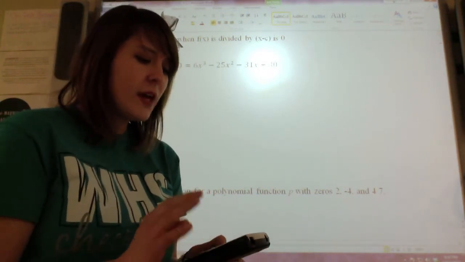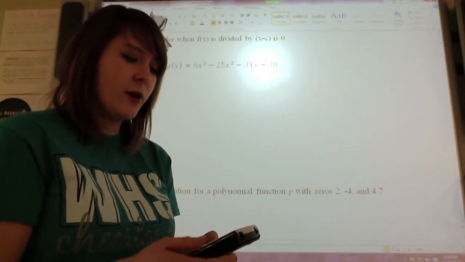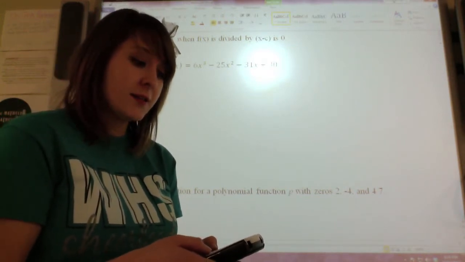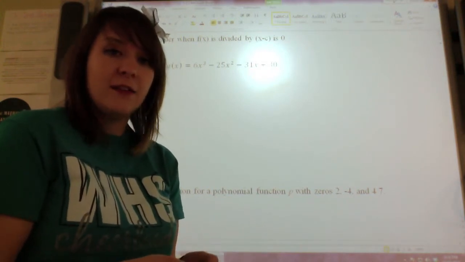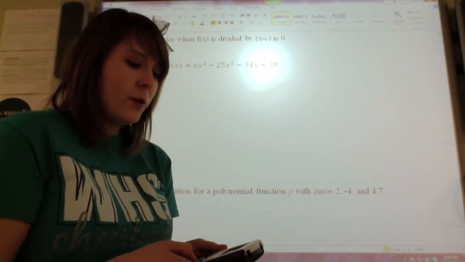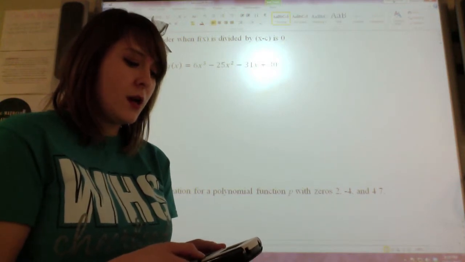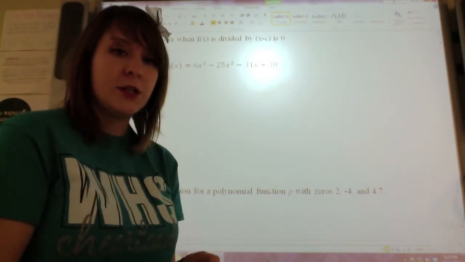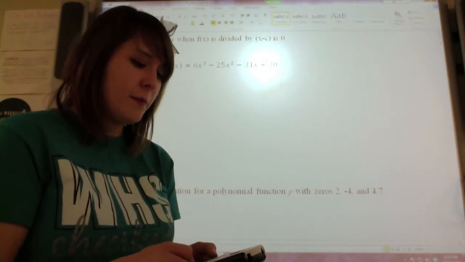And I can see the roots pretty close up, so I can get a good idea of where it's crossing the x-axis. If I want to find exact values of crossing, you could either use your table or you could use the second trace function on your calculator and go to zeros, and it'll actually find the 0 for you.